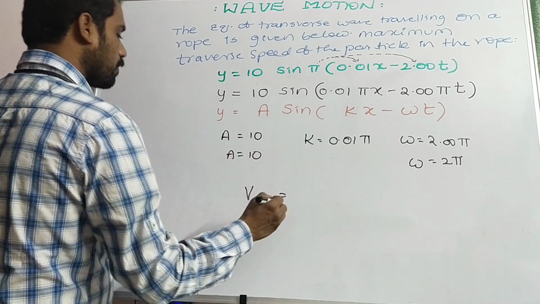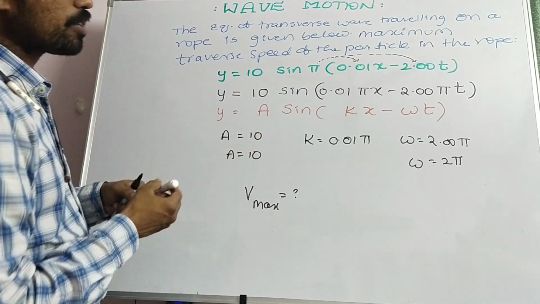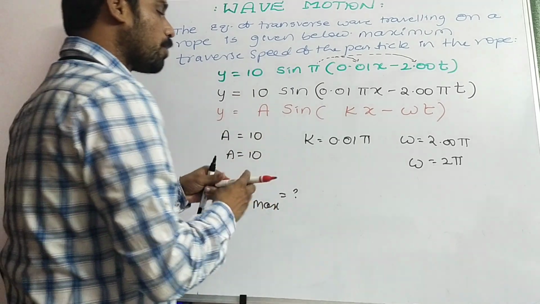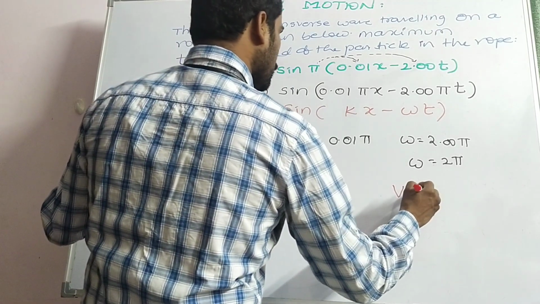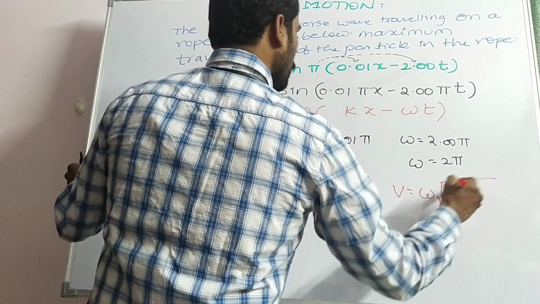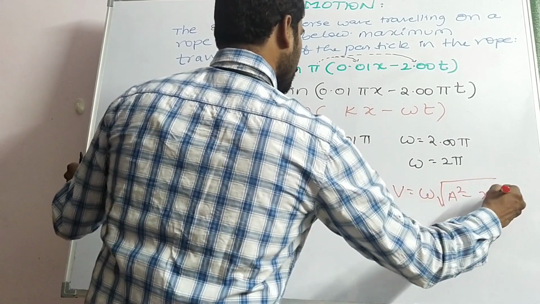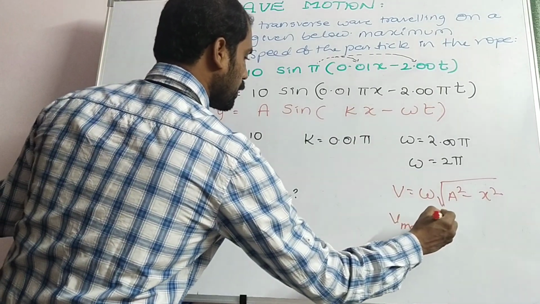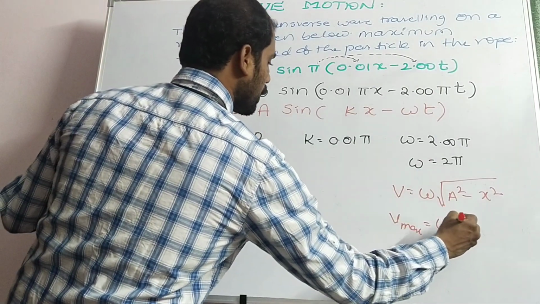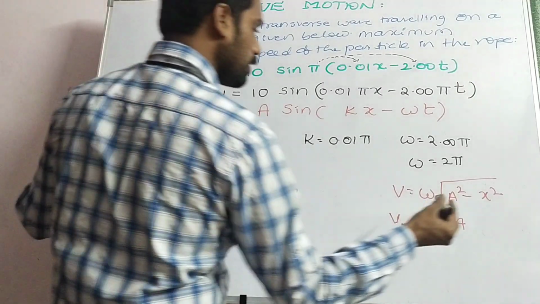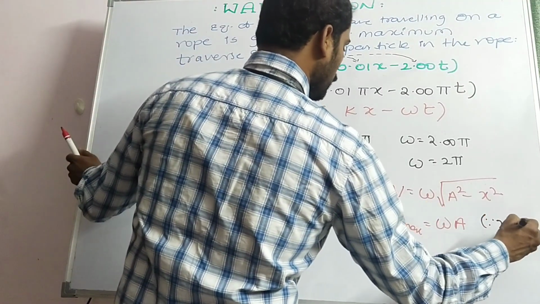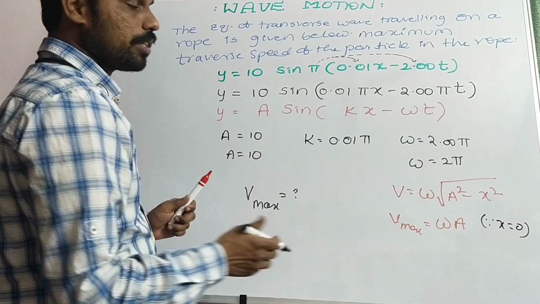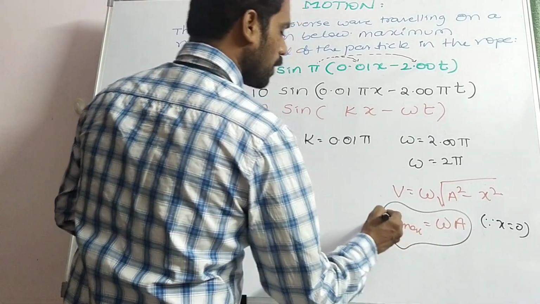Vmax is equal to question mark. In simple harmonic motion, v can be written as v is equal to omega into root of (a square minus x square). Then Vmax can be written as omega into a, since at x equal to 0, the mean position, the speed will be maximum.